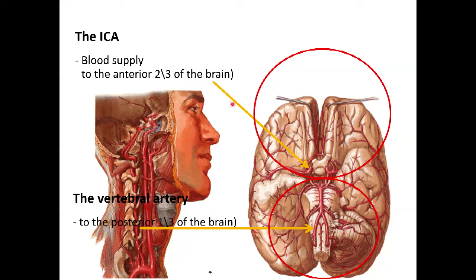So together these two sources, internal carotid artery and vertebral artery, from both sides, left and right, communicate and provide the constant blood supply of the brain, which is crucial for our life.